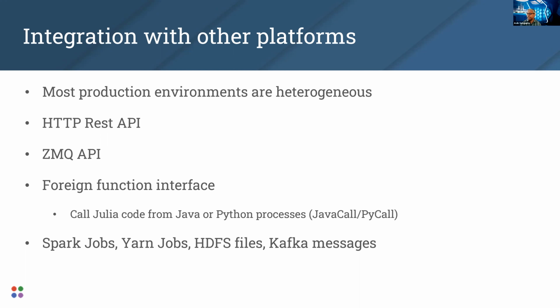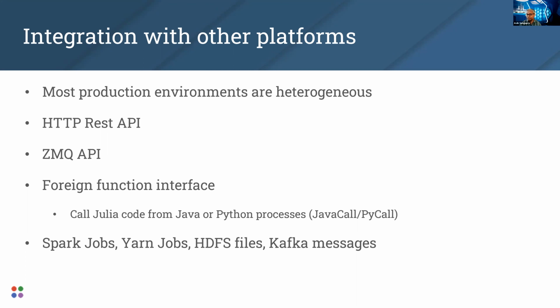More interesting is, Julia has interfaces into the large enterprise messaging and computation frameworks. So for example, from Julia, you can call into Spark. You can run Julia jobs as Spark jobs. You can manage Yarn jobs as Julia processes. You can run Julia processes as Yarn jobs.